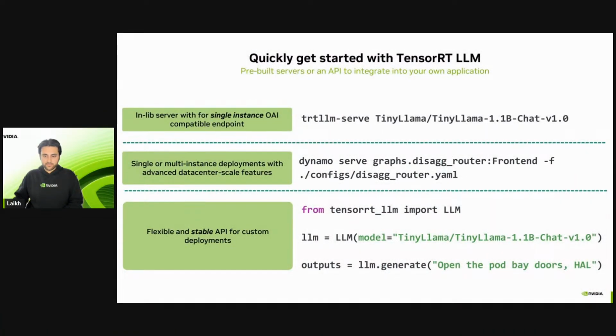And lastly, for the most flexible and stable API, we recommend using the LLM API. This is stable across 1.x versions, so you can rely on it for stability and seamless deployment, but it is fully featured for all types of customization.